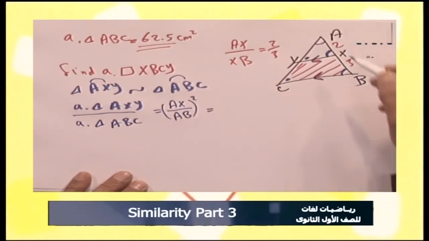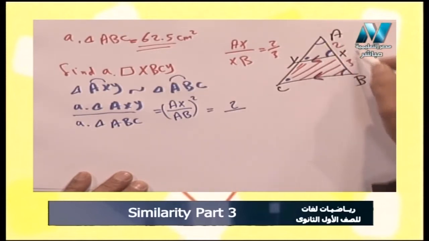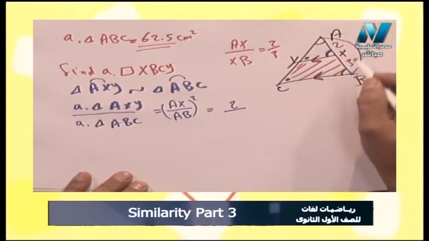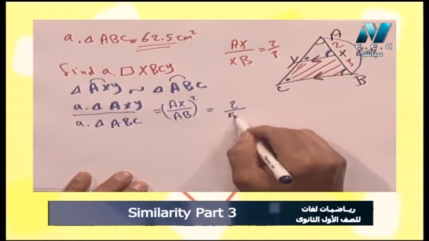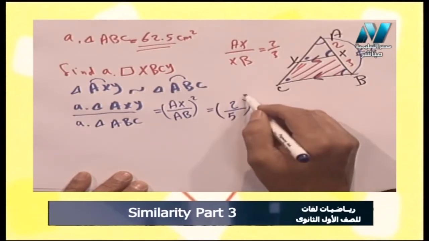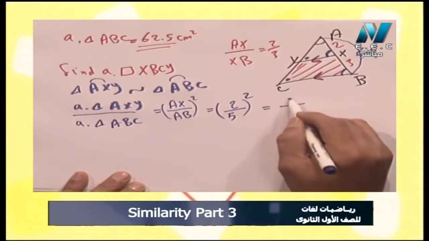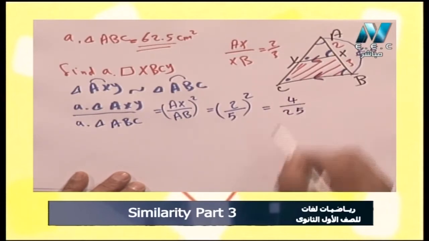And we have the ratio between AX and AB, here the ratio of AB equals 5. So we write 5 here. And do not forget, my dear students, that all of them are to the power 2. So it's 4 over 25.